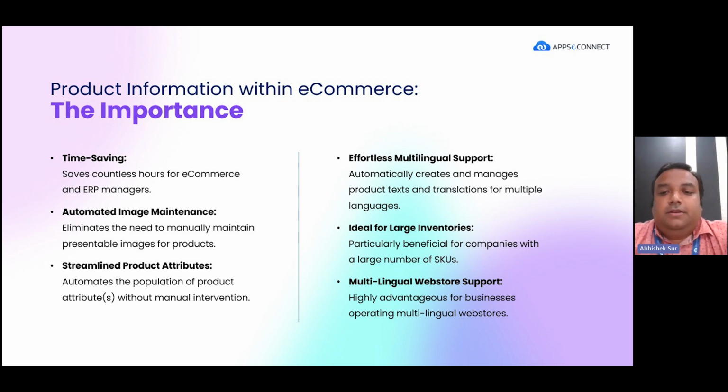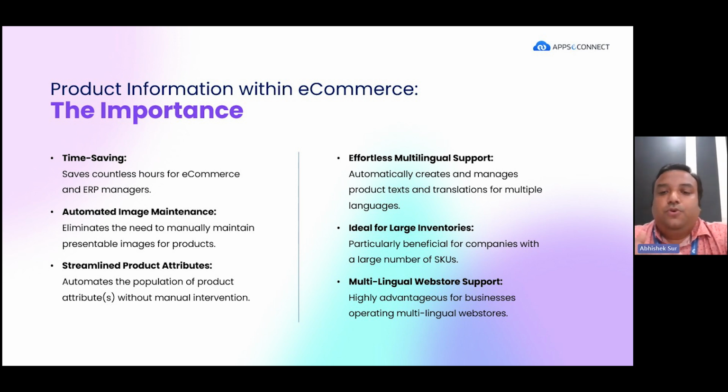It is ideal for large inventories, because if you have, let's say, 10 or 50 products, you can still think of adding the details manually. But if you are dealing with, let's say, 1,000 or 10,000 products, it is almost impossible to have them appear in your store quickly.